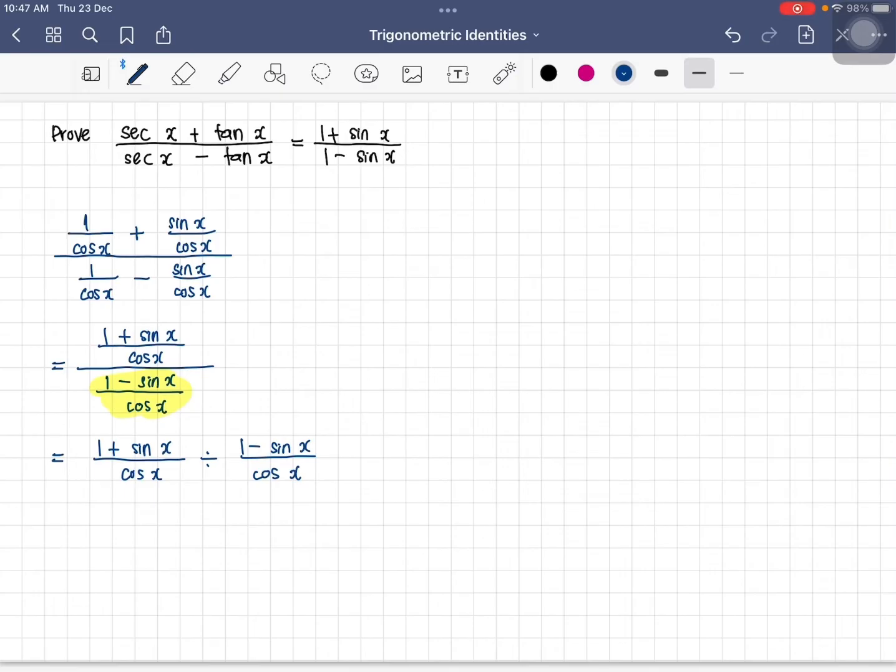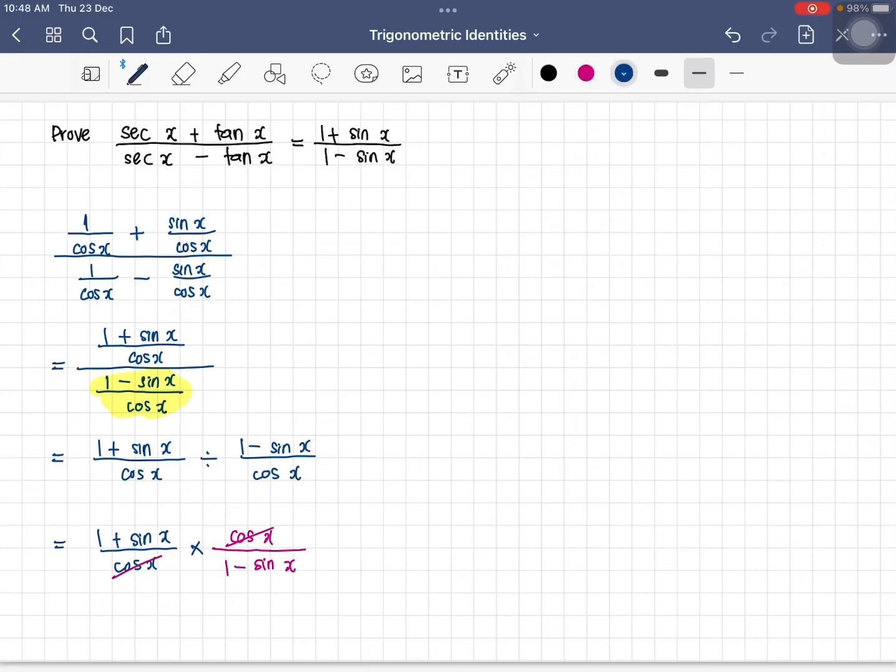Therefore you invert this one, so I'll multiply by cos of x over 1 minus sine of x. By multiplication, we can cancel the cos x at the top and the bottom here.